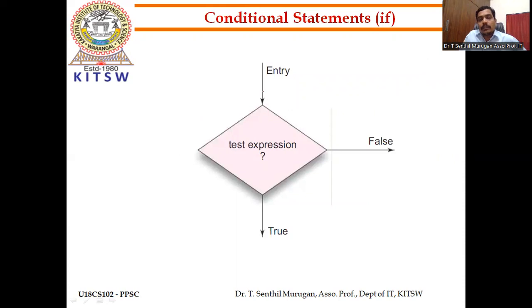See this diagram. This is a flow chart. It will check the condition. For example, we will write if A greater than B. This is the condition we will give. If the condition is true, what will happen?